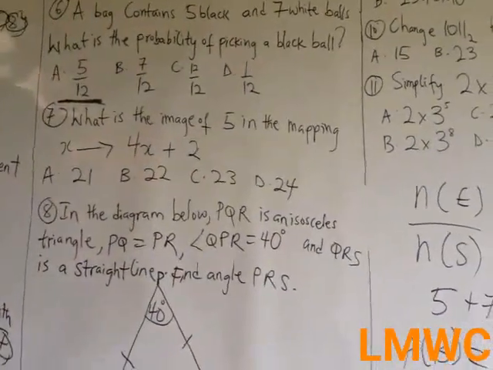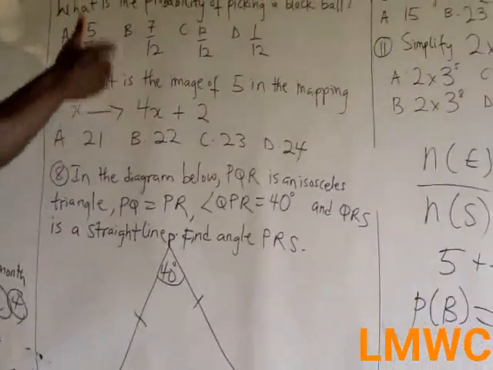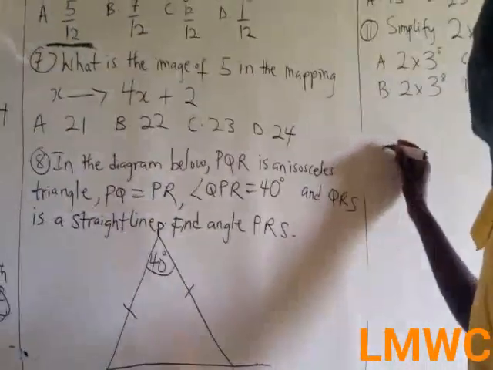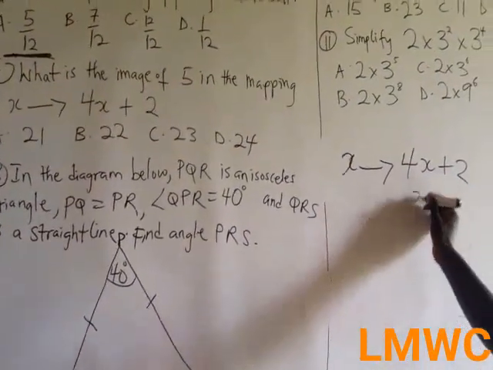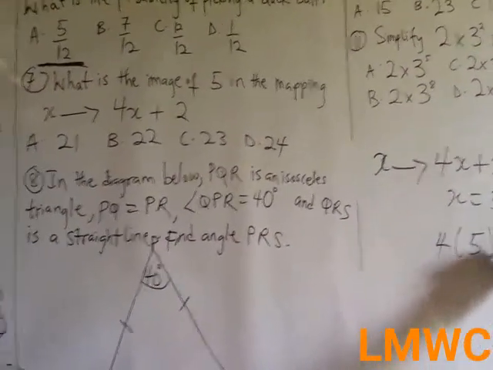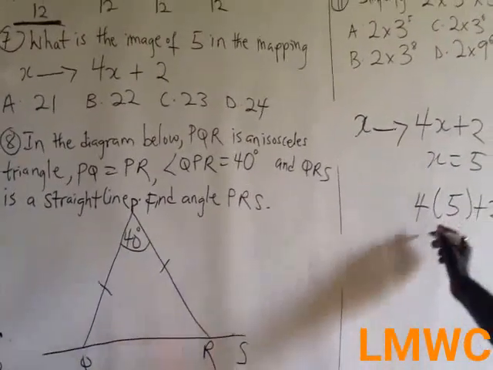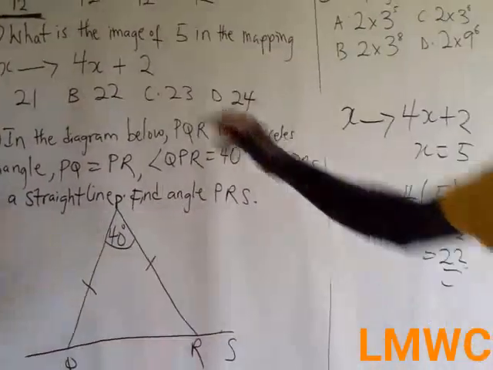Question 7. What is the image of 5 in the mapping x maps to 4x plus 2? If we have x maps to 4x plus 2, we have our x to be 5. So 4(5) plus 2. So 4 times 5 is 20, plus 2. We have 22. So it's just the formula.